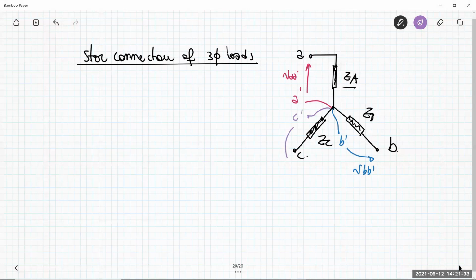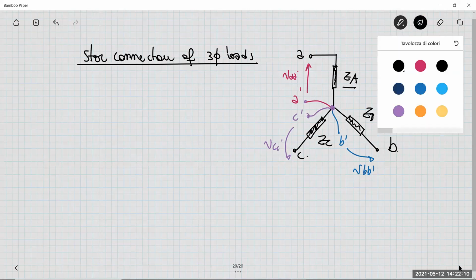So as you can see, I have to this node not only the terminals of Z_A, Z_B, and Z_C, but something that should be connected to A prime, C prime, and B prime. Okay, so it means basically that this node A prime, C prime, and B prime is common. So A prime is the same as C prime, and it's the same as B prime.